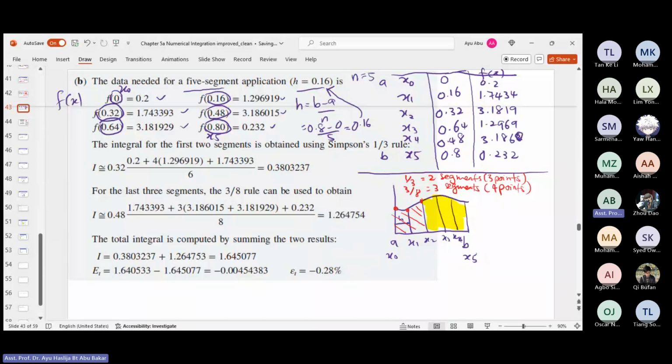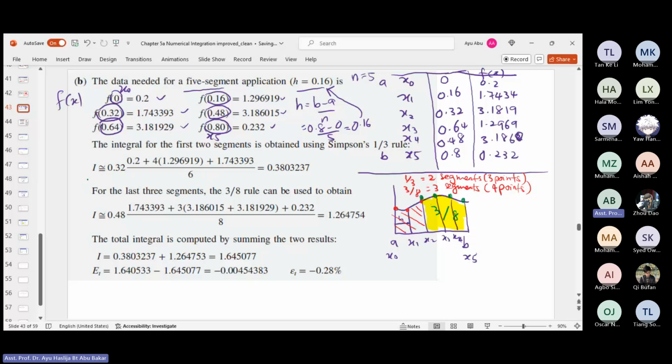So these are the points, minimally 4 points. You can use this as 3/8, and the red one is 1/3. Or you can start with 3/8 and end with 1/3, as long as you use both.